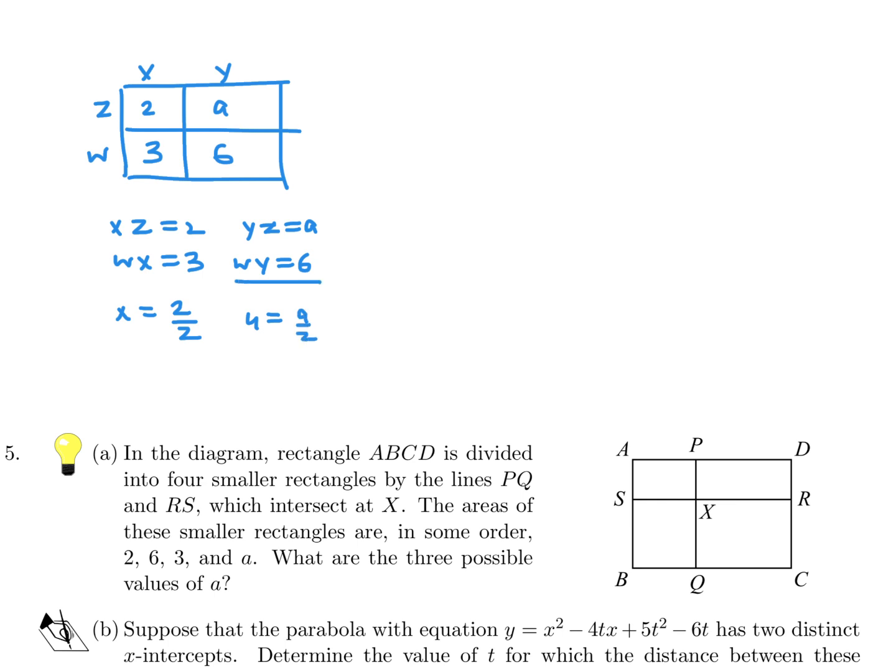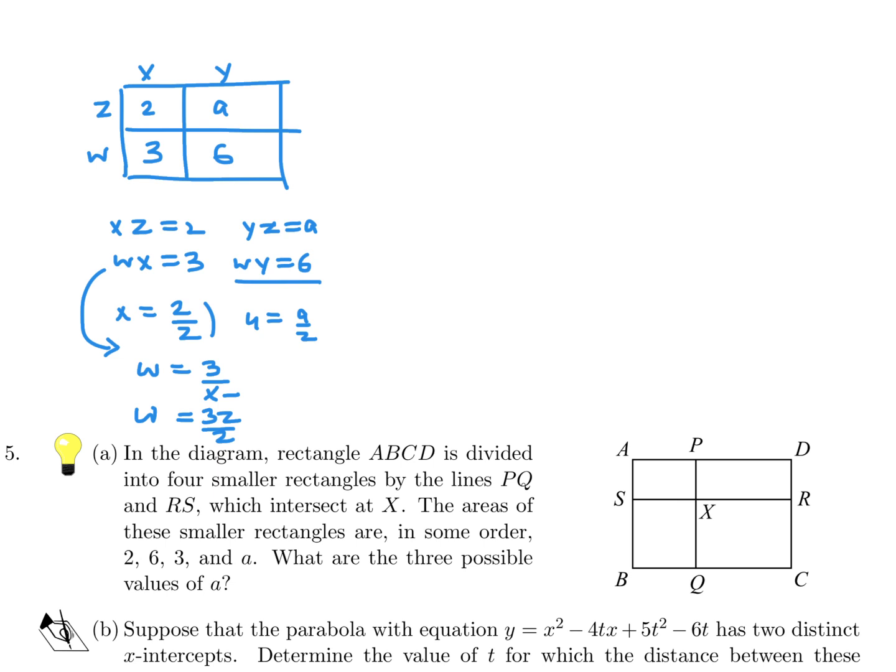And therefore, we also have this one, which would give me that W is 3 over X. And then if I plug in X as 2 over Z, W becomes 3Z over 2.